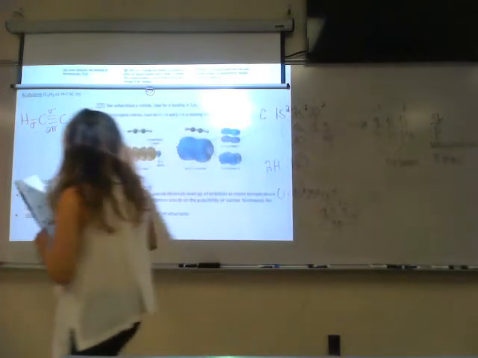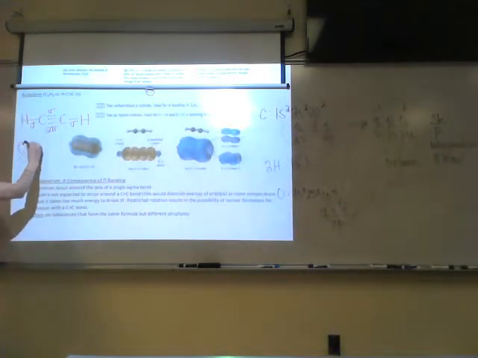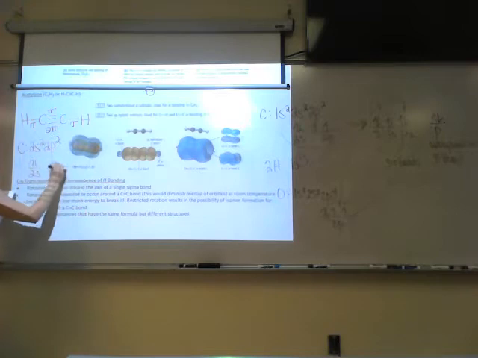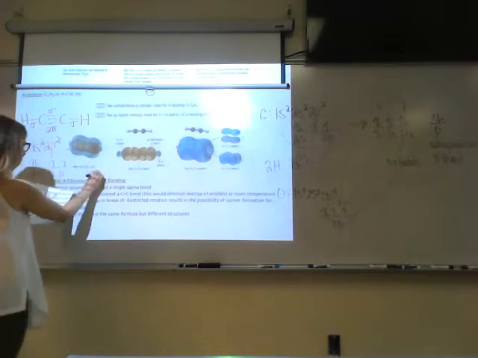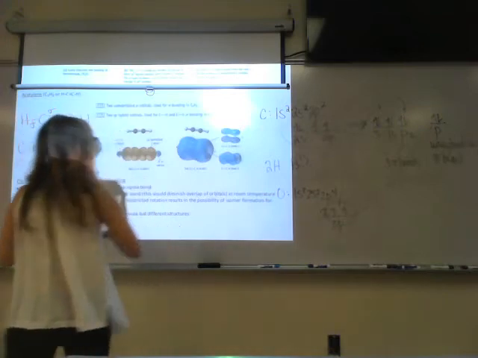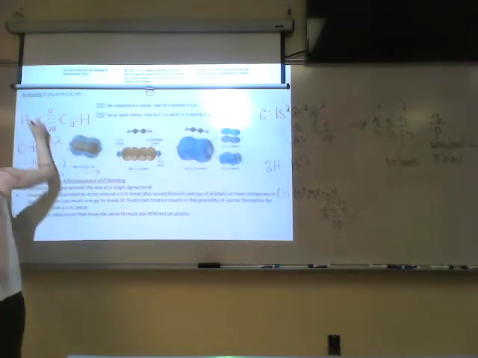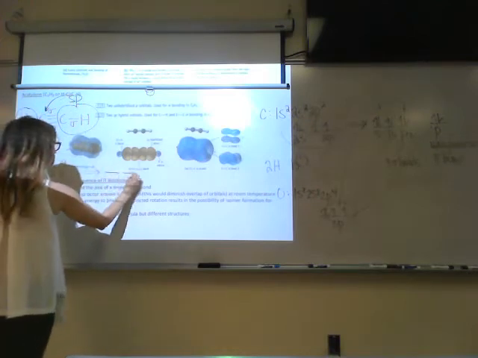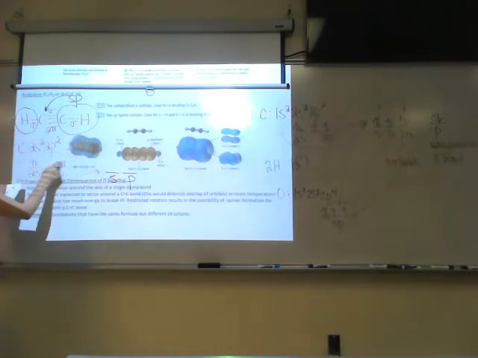Just a really quick explanation on acetylene. If carbon is 2s2, 2p2, these valence electrons in carbon are going to go into sp. This carbon is sp, and you have 1, 2, 3, 4 electrons in the valence shell for carbon.